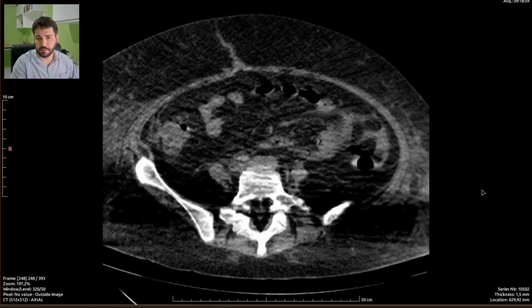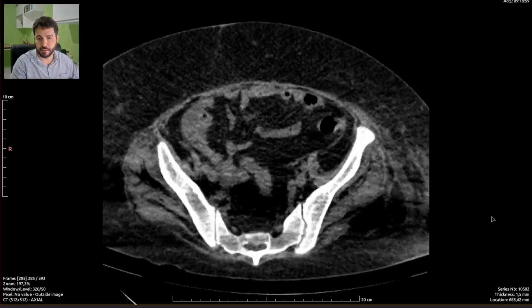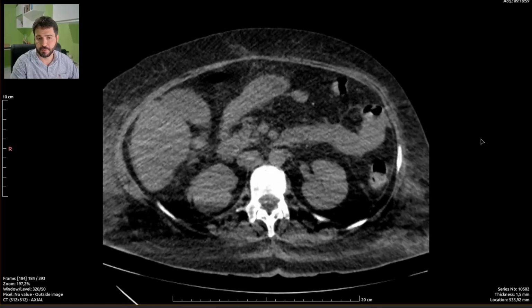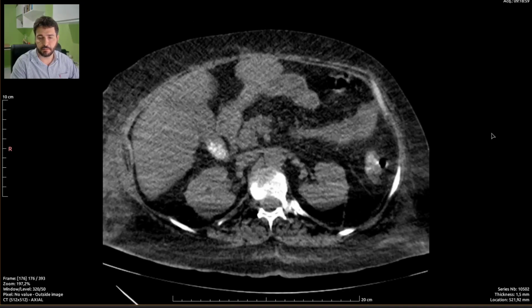This isn't the case. I'm just remembering other cases I have seen, because severely ill patients tend to have lower limb thrombosis. So that's reported.